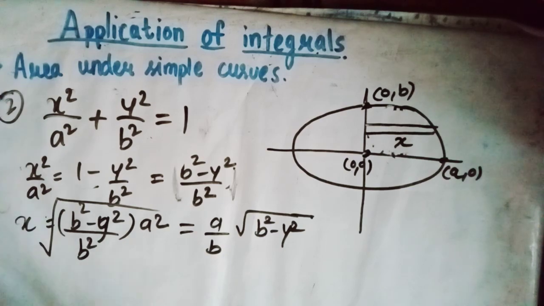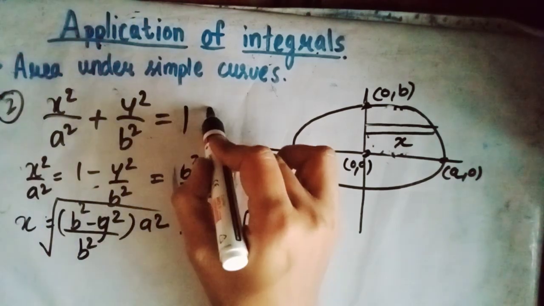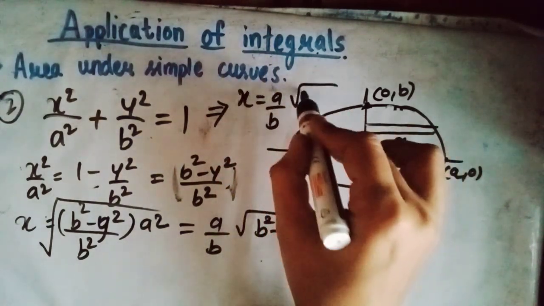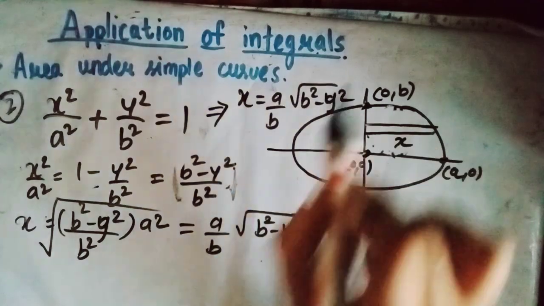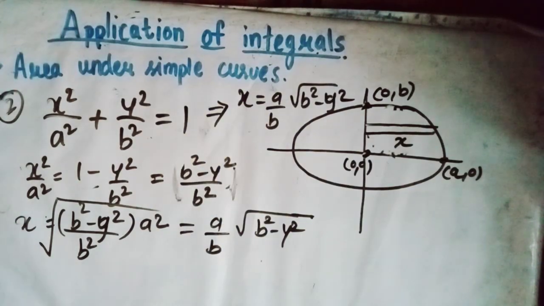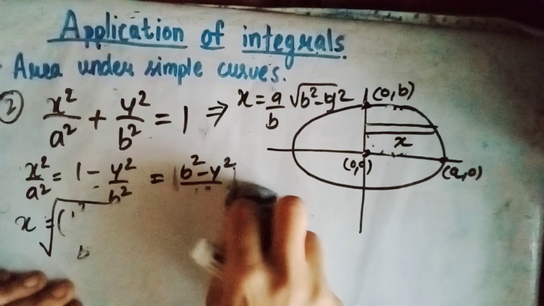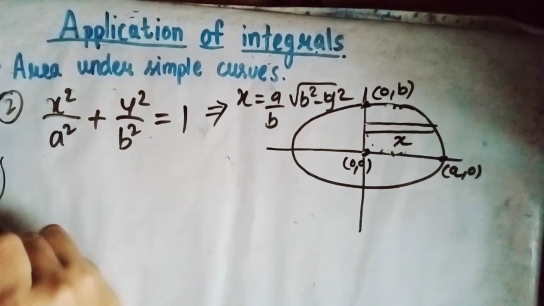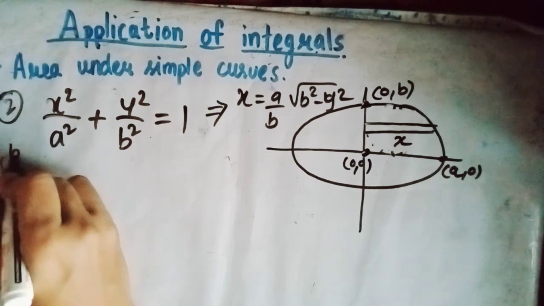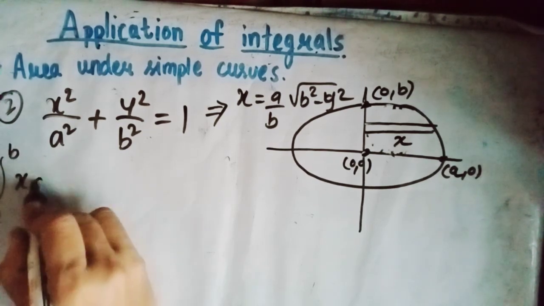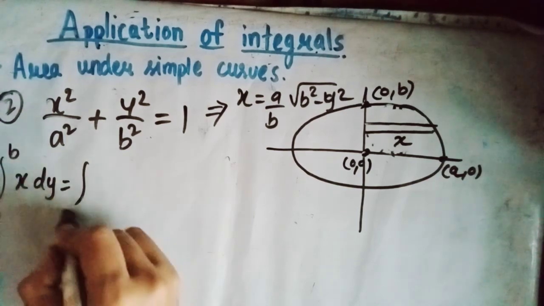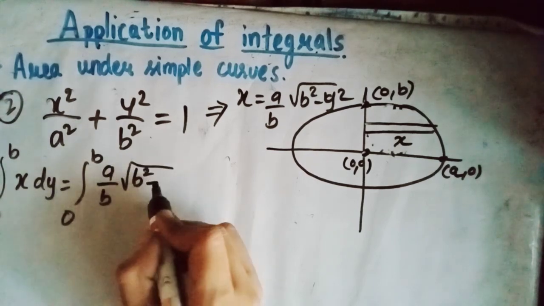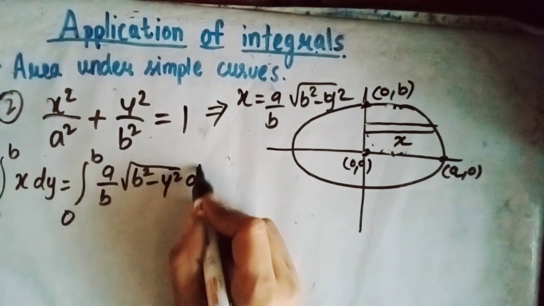Now substitute in the integral: from 0 to b, in place of x you write a upon b root of b square minus y square dy.